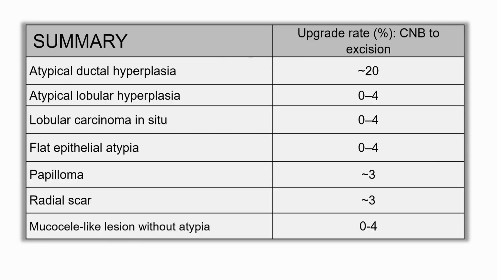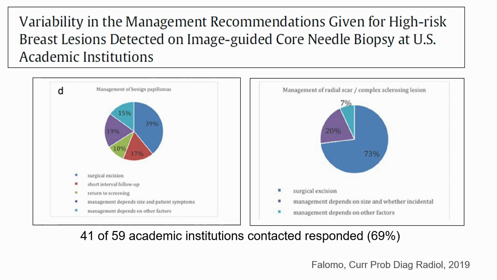And this is just a summary table of the contemporary upgrade rates on core needle biopsy for DCIS and invasive carcinoma. A few years ago, the management of benign papillomas really varied considerably in terms of who was doing what for their patients. Some people, a majority still excising, some having short follow-up, some returning to normal screening.